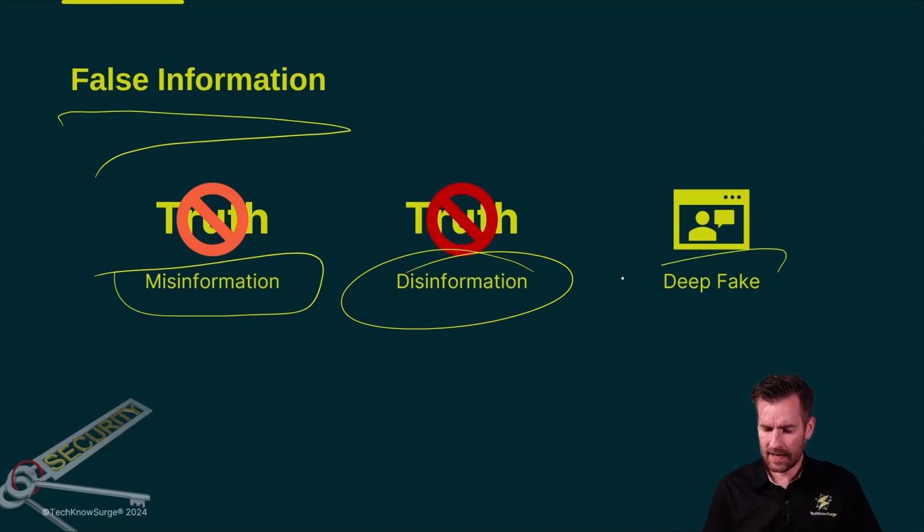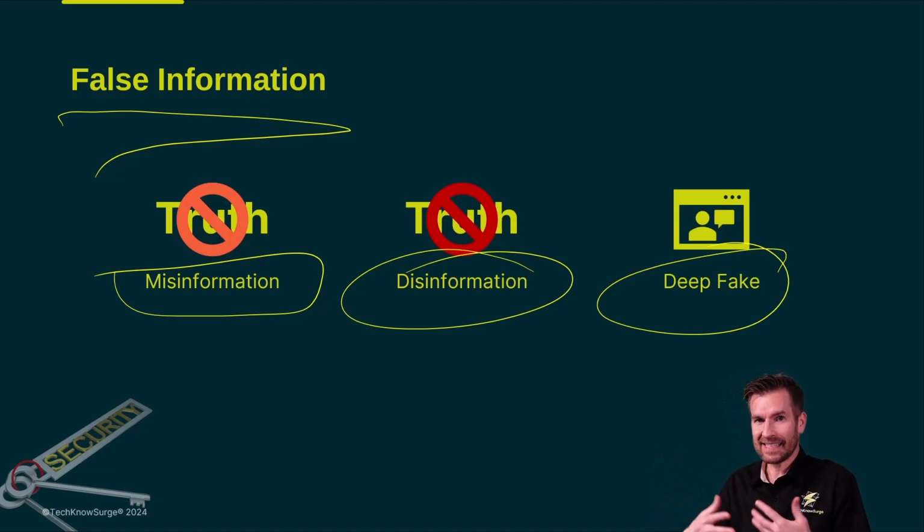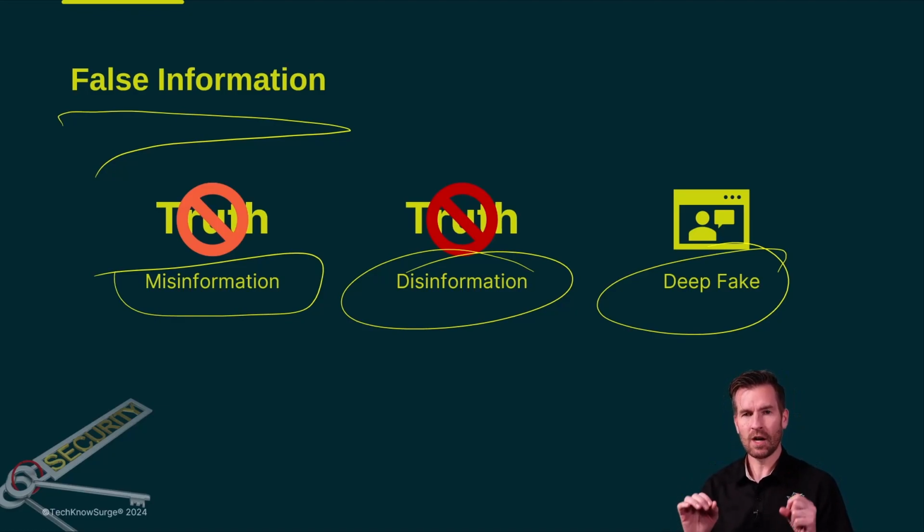And then deepfake is when there is some sort of voice or video alteration. So it looks like one person, maybe a famous person, is saying something that they never said. They're using some voice modulation and some software to trick other people into thinking that this person said or did things that they didn't really do.